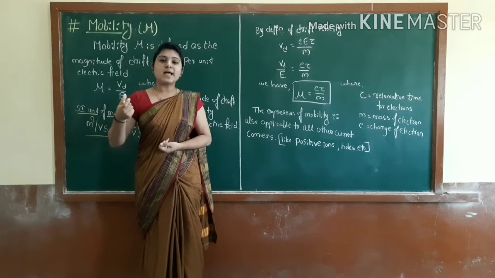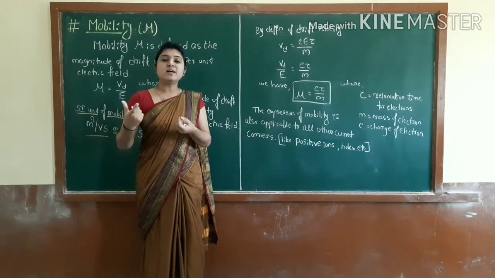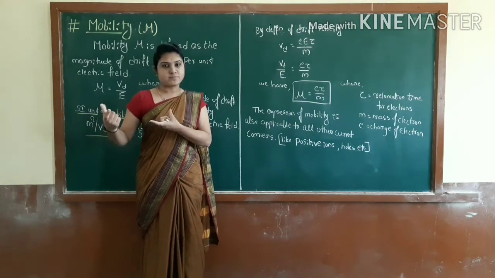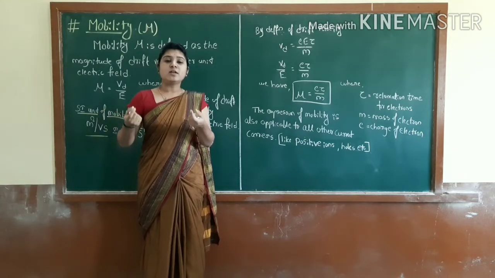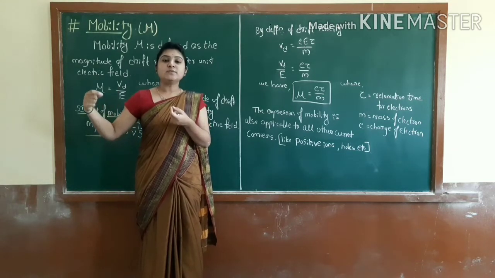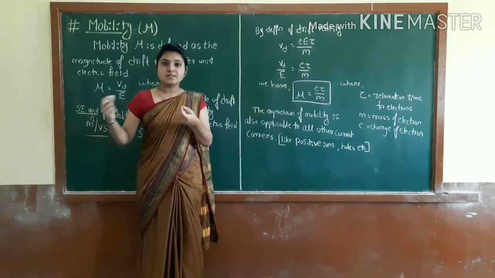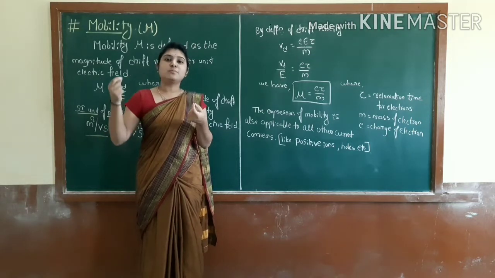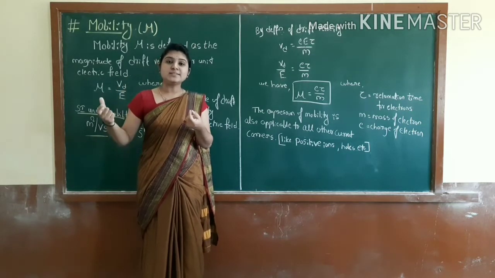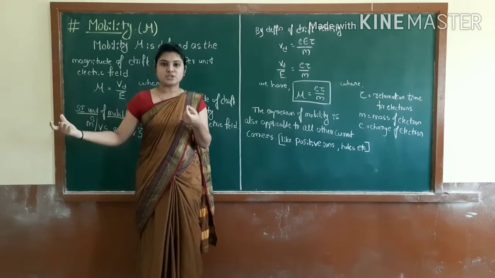Right? So see, drift velocity means what? The velocity of the electrons, which makes the electrons drift. Drifting means the electrons are moving faster. This is the velocity which makes the electrons move fast and quickly in a direction.